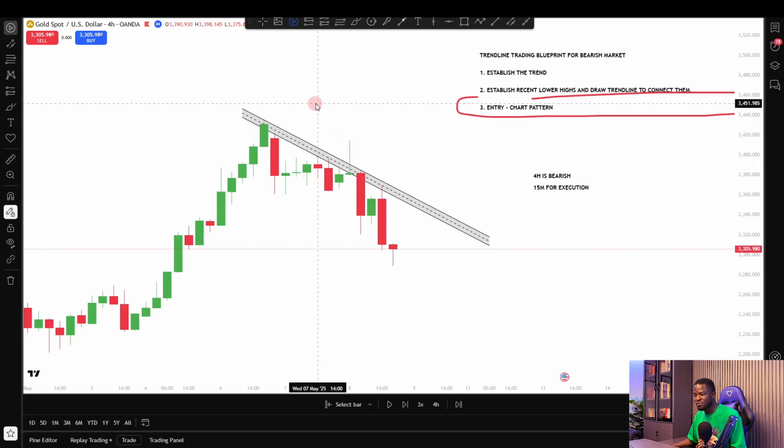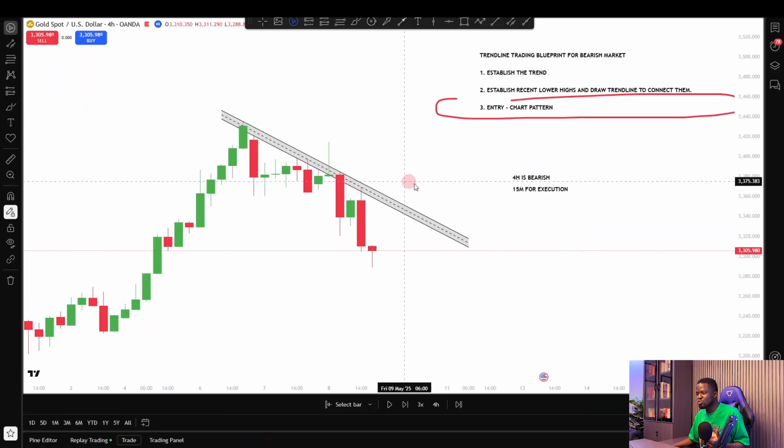So the purpose is for the price to mitigate or to touch the trend line multiple times. The more touches on the trend line, the more solid and valid it will become to hold the price action whenever price comes back to mitigate the trend line.